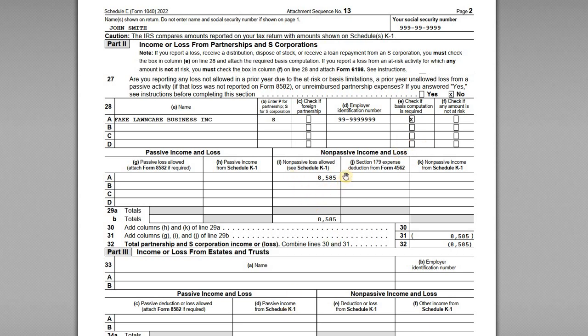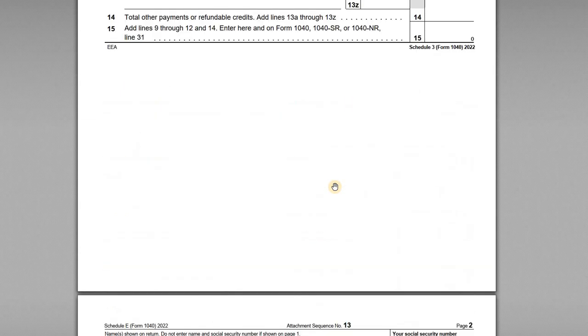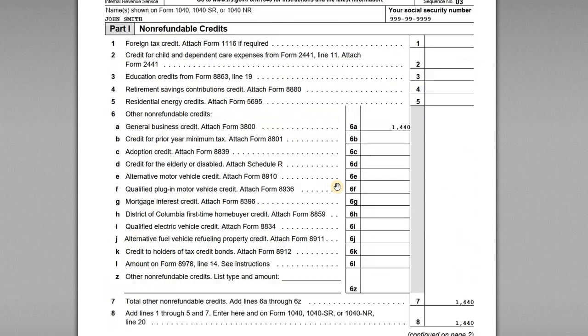So the non-passive loss allowed, remember, even though he had 27,000 some odd in losses, the amount that is being allowed in the current period because of the basis limitation is $8,585. So this is the amount of the loss that ultimately flows up here, right?